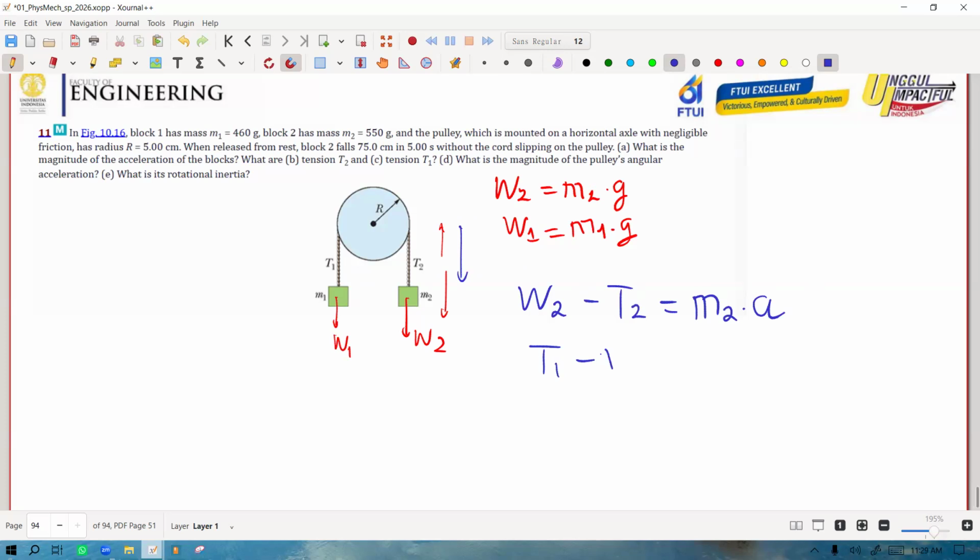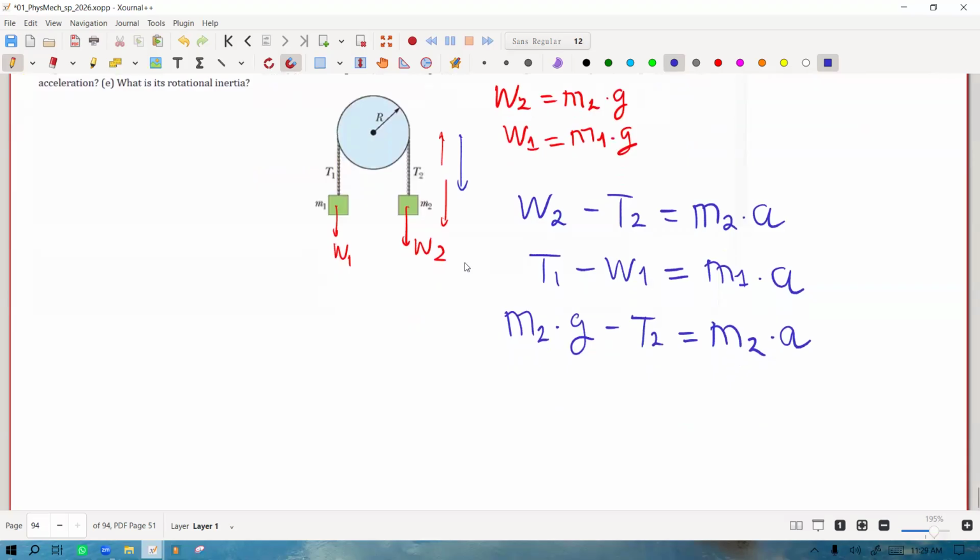And then T1 minus W1 equals M1 times the acceleration. And then we can substitute. So M2 G minus T2 equals M2 A, and T1 minus M1 G equals M1 A. So there are three unknown variables, T1, T2, and A.